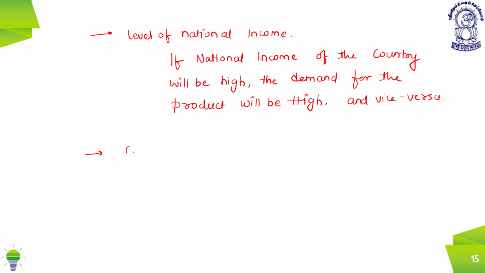And at last, we can say composition of population. See, if in the population the number of old aged persons is huge, in that case medicines will be required, right? Walking sticks will be required, and these things will be in larger demand.